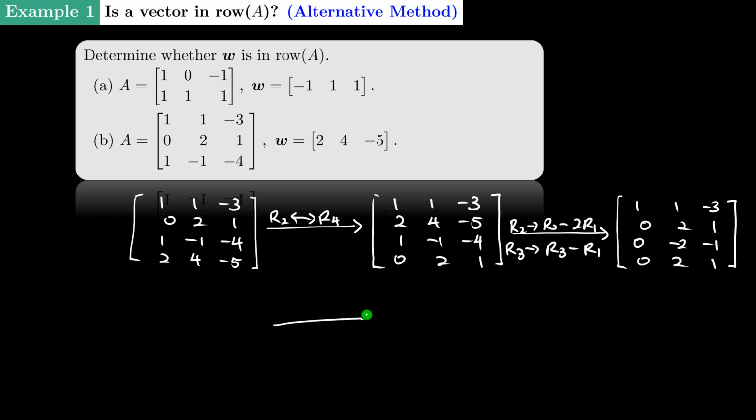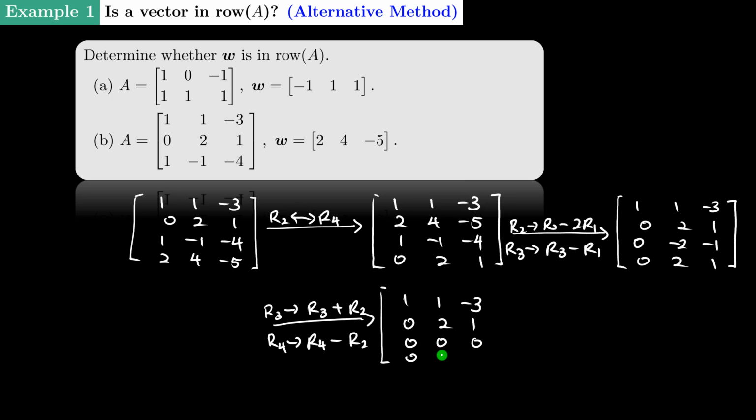And for that case, we perform another two operations. Row 3 becomes row 3 plus row 2. And also row 4 becomes row 4 minus row 2. And we will end up with 1, 1, minus 3, 0, 2, 1, 0, 0, 0. Last row also all zeros.